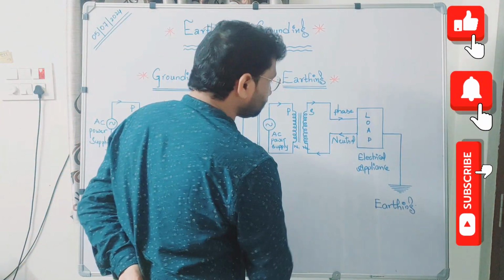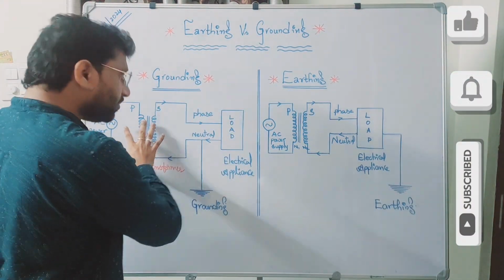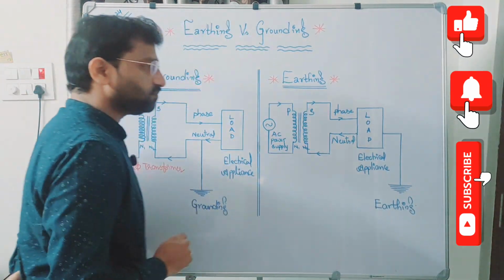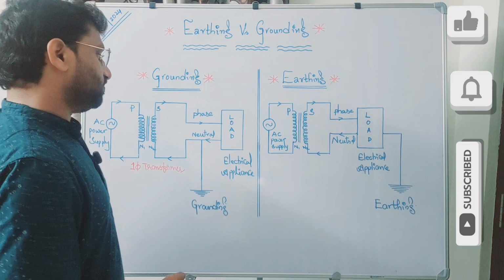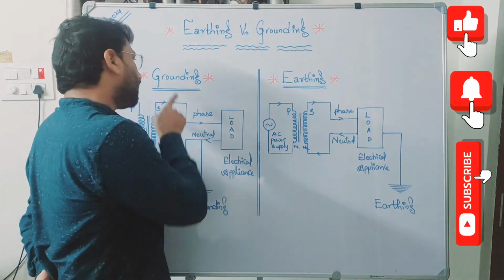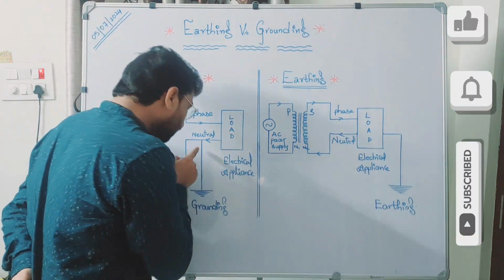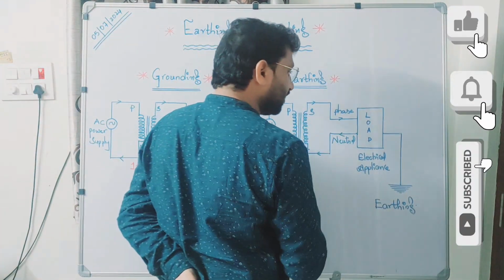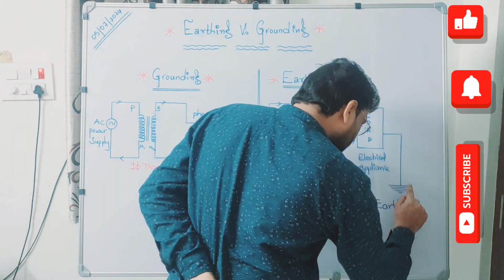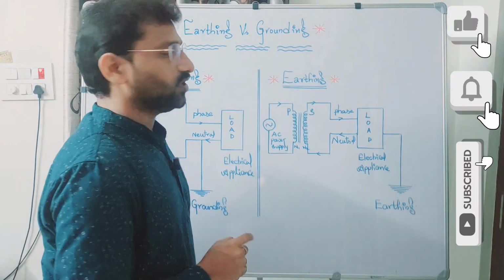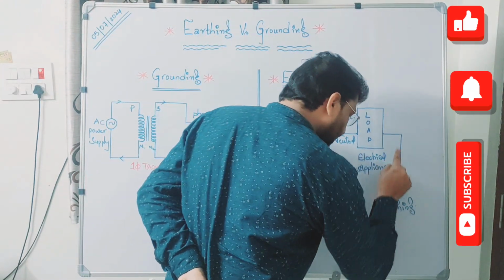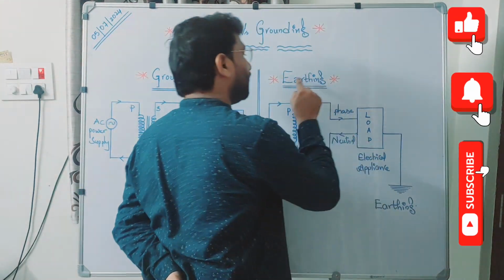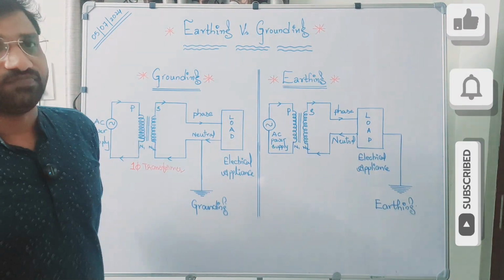Now come to here. The same diagram I have drawn here, but with a little modification. In the case of grounding, the neutral wire is connected to the ground or earth, whereas here the appliance is connected to the ground or earth. So if the appliance is connected to the ground or earth, then it is called earthing.